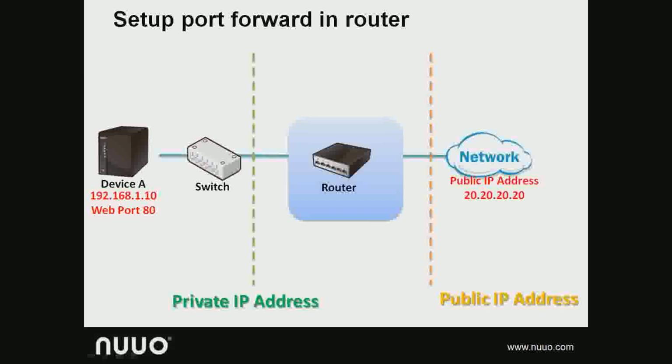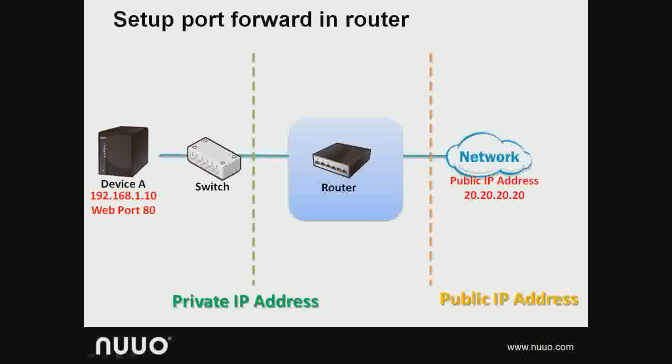As you can see, both device A and B have private IP addresses in the local network. So if a remote site user needs to connect to device A, the user can connect with the private IP address directly.